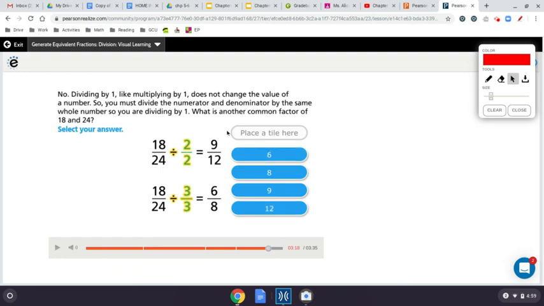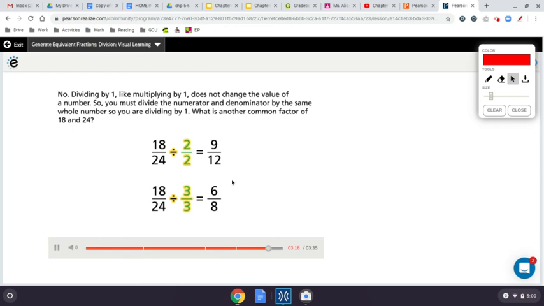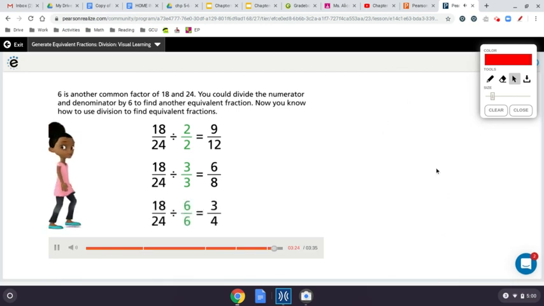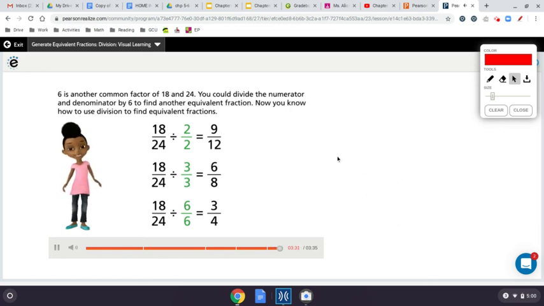So you have to find a number that you can divide both numbers by. So I can do 18 divided by 6 and I can do 24 divided by 6. 6 is another common factor of 18 and 24. You could divide the numerator and denominator by 6 to find another equivalent fraction. Now you know how to use division to find equivalent fractions.